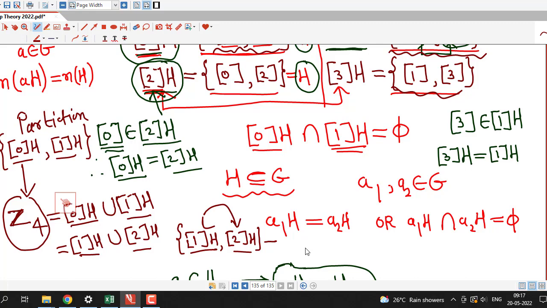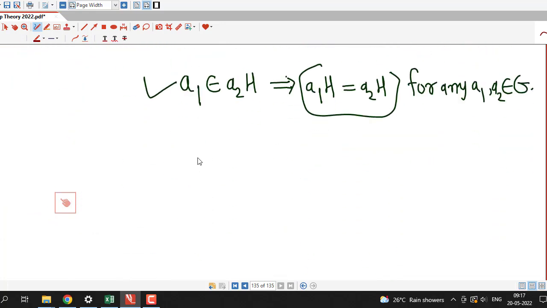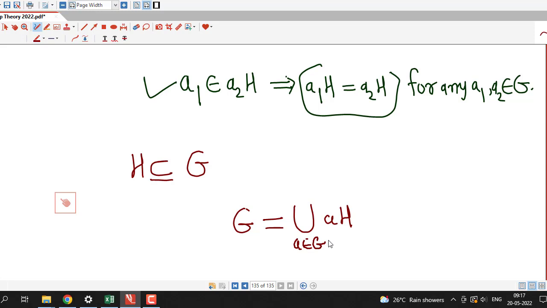So this is always true that the left cosets of a group G form a partition of G. Suppose G is a group and H is a subgroup of G, then we can always write G as the union of left cosets, where A belongs to G. So the left cosets of a subgroup H form a partition of group G. So we will remember all these properties.